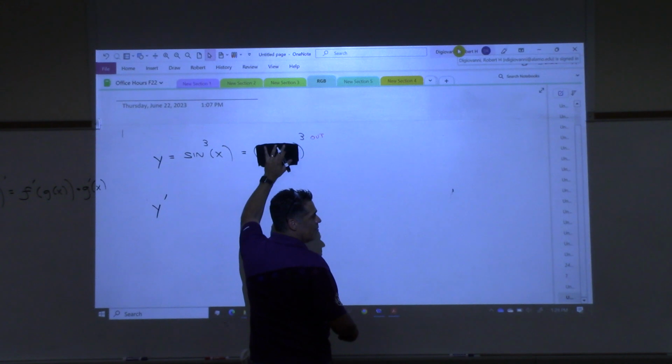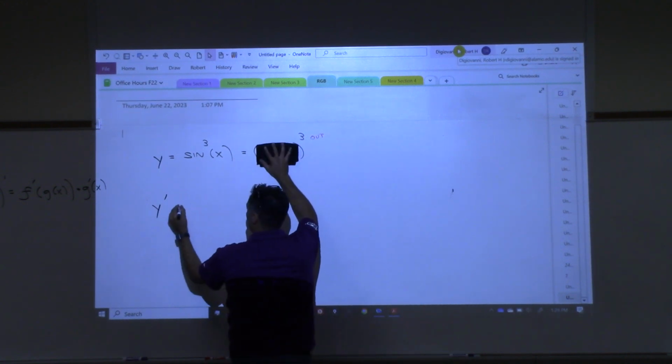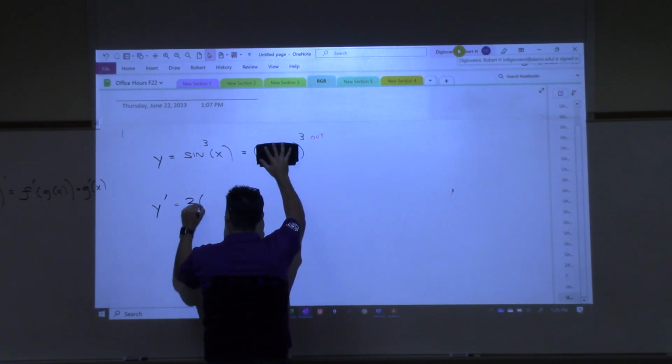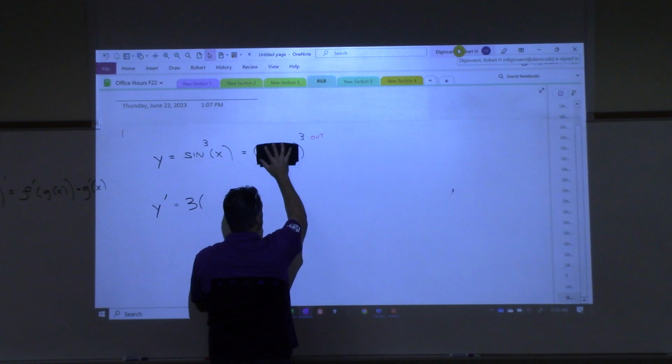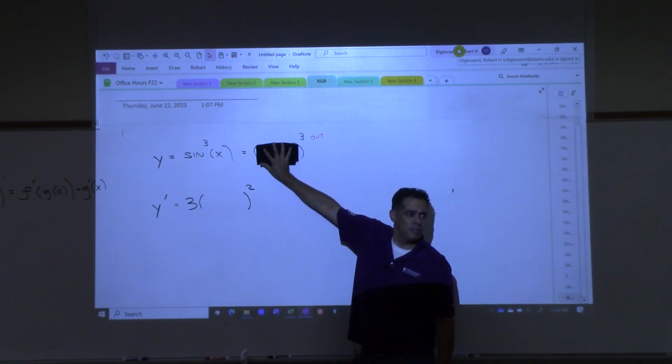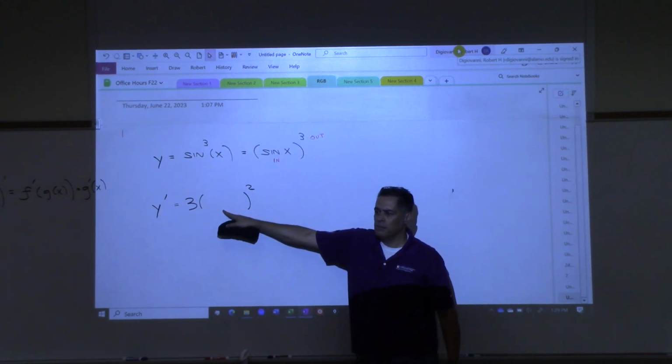Power rule, okay? Which means you're going to do what? Bring the 3 down. So 3 comes down, and then it'll be my rag, which I'm going to put in parentheses, to the second power. Does everyone see that that's the derivative of the outer function? Yes? But I'm going to uncover the rag now and put that right in here.